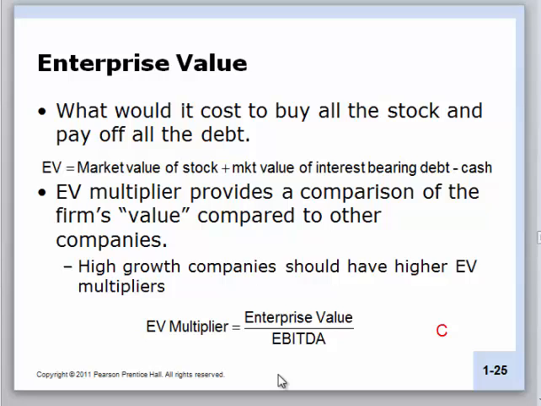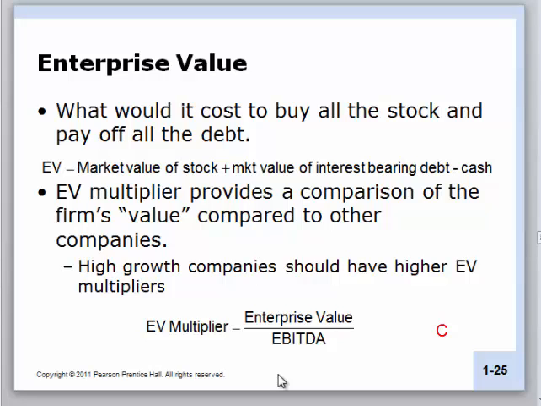Enterprise value, and in particular this ratio, which was referred to as the enterprise value multiplier, gives us a comparison of the company's firm's value compared to other companies. And the enterprise value is the market value of the stock plus the market value of its debt minus cash.